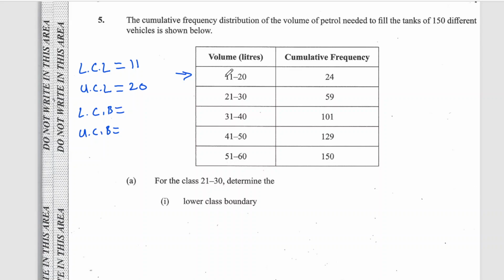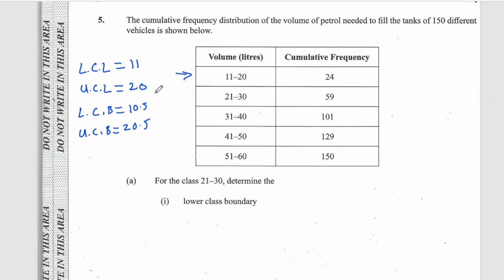Your lower class boundary here is 11 minus 0.5, which is 10.5, and your upper class boundary is 20 plus 0.5, which is 20.5. So your limits are the actual values in the interval, and your boundaries are when we subtract 0.5 on the left-hand side and add 0.5 on the right-hand side.